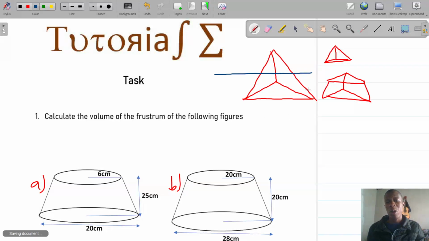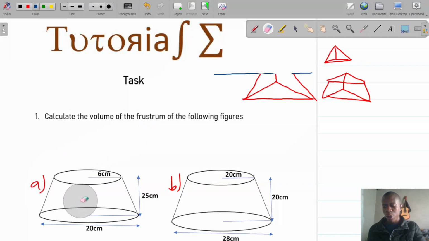The bottom part is what we're calling a frustum, and to find the volume of the frustum, we just find the volume of the entire original pyramid, and from it we subtract the top part, and we remain with a frustum, as you can see here. So this is the approach that we're going to be using in our questions. I'll do question A, you do question B.